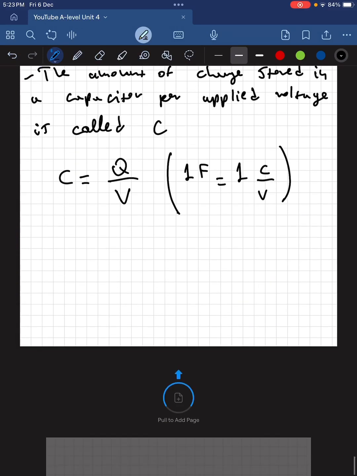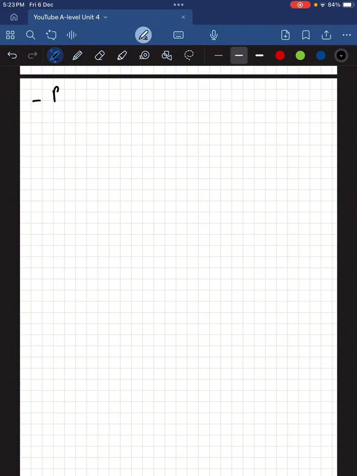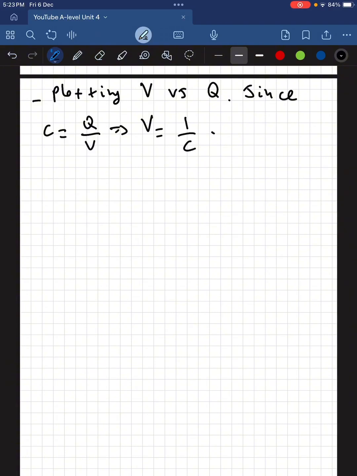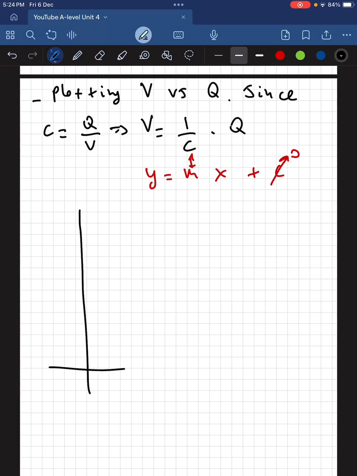Now let's plot Q versus V, or V versus Q. So plotting V versus Q. Since C is Q over V, then V is 1 over C times Q, which is of the form y is mx plus c, but c here is 0. m is the inverse capacity, y is our voltage, and x is our Q. So if we plot this, we're going to get a straight line, okay?